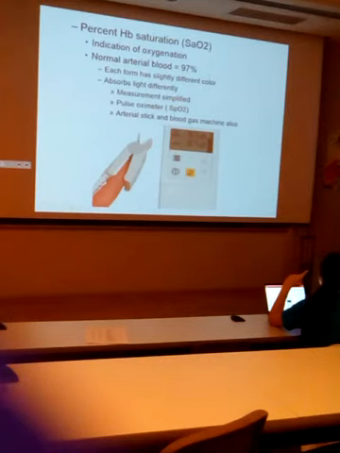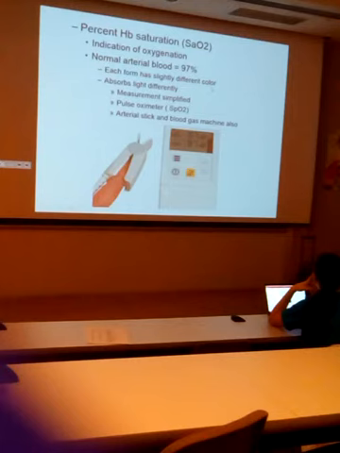And each form of hemoglobin is pigmented, so each form, whether it has 1 oxygen bound or no oxygen bound, or 2 or 3 or 4, has a slightly different color. And when they put that thing over your finger, it passes light across it, and the hemoglobin forms will absorb light differently. And there's an algorithm that will do the calculation based on that, to give you an output of how much hemoglobin saturation you have.